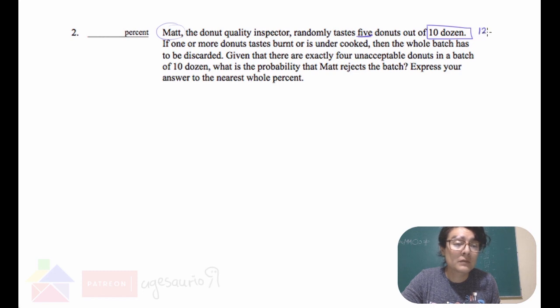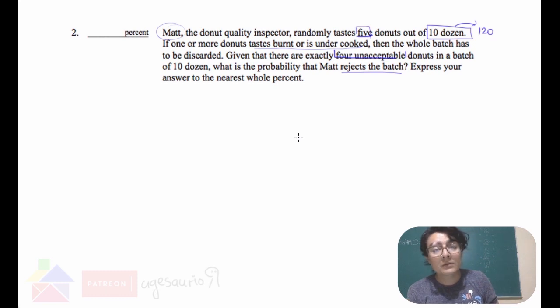He tastes 5 randomly, and if one is not a good donut, then the whole batch is discarded, right? We know that there are exactly 4 that are not okay, and we want to know the probability of rejecting the batch.